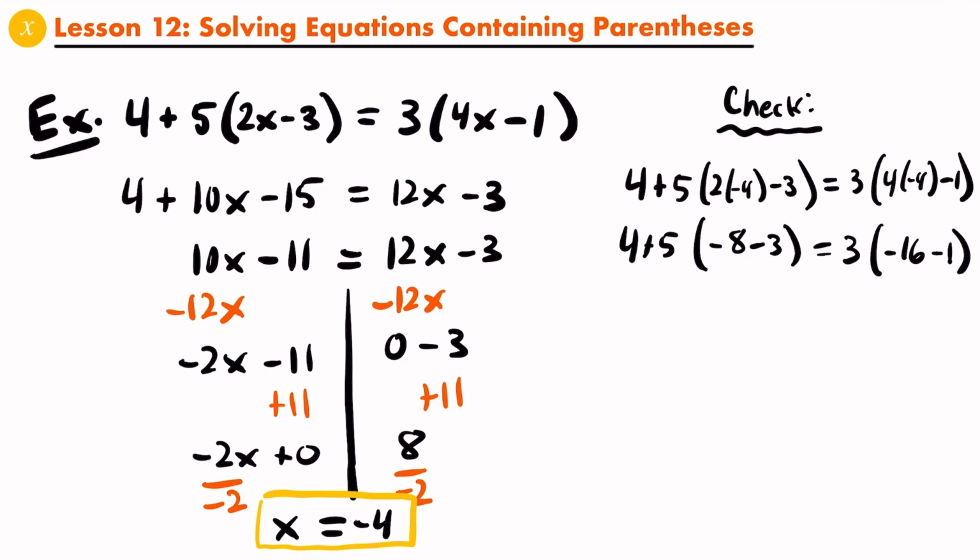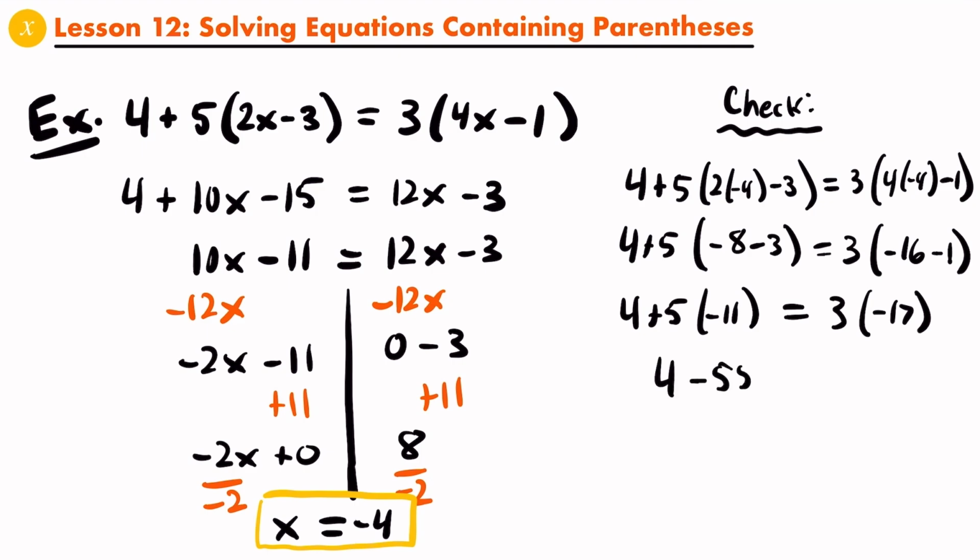Now negative 8 minus 3 is negative 11. So we have 4 plus 5 times negative 11. And that will be equal to 3 times negative 16 minus 1, which is negative 17. Now simplifying further, 5 times negative 11 is negative 55, so we have 4 minus 55, and that's equal to 3 times negative 17, which is negative 51.